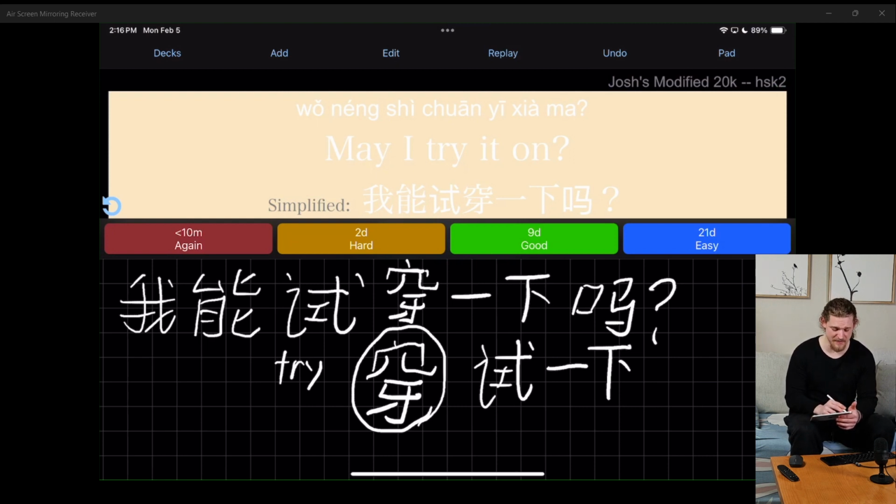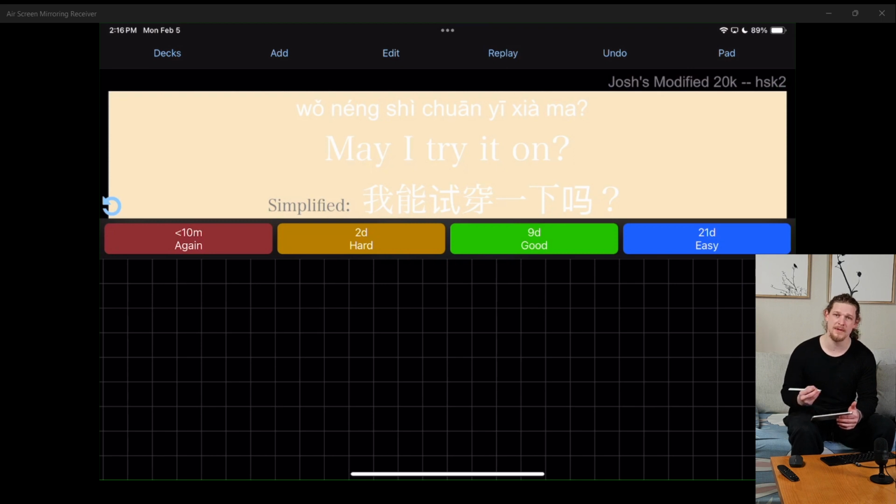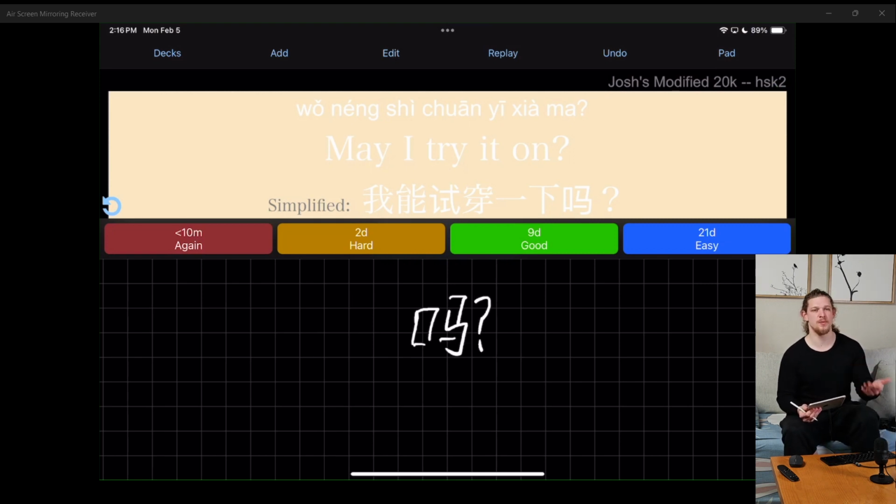And then here we have a character that's going to be really commonly repeated, this character ma. Now, this character represents that a question is being asked. So this character is for yes or no questions. If it's a question that can be answered with a yes or a no, it's asked by putting ma at the end of the sentence.